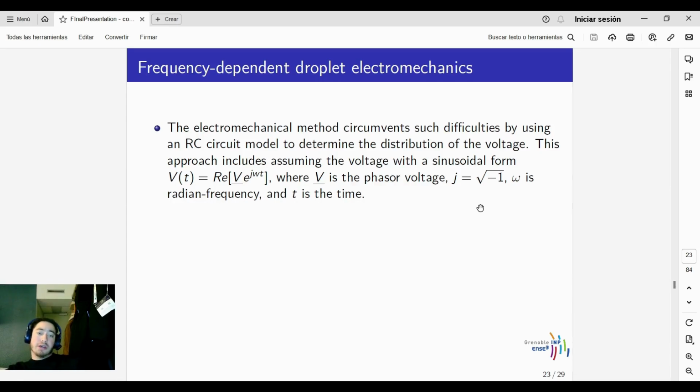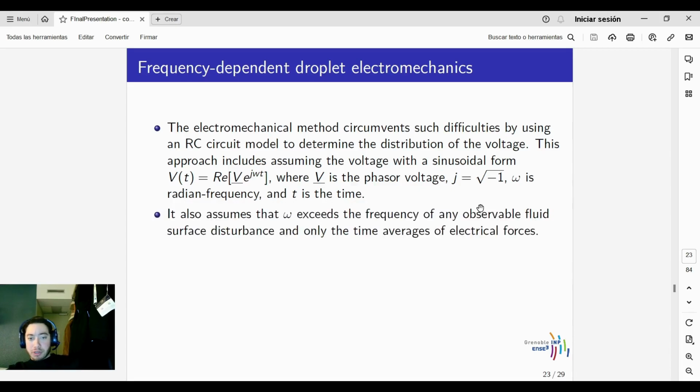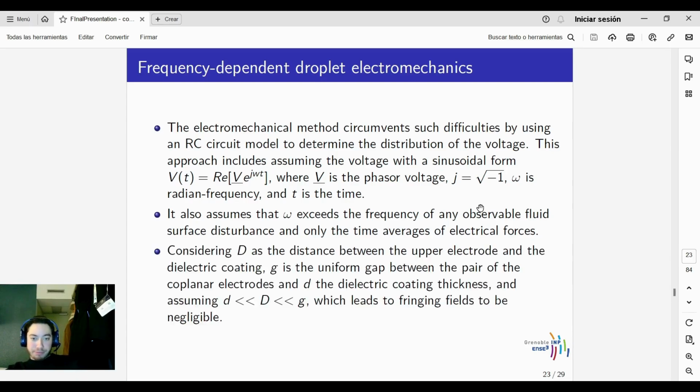Again, this is a complex function depending on time. It also considers the case where w exceeds the frequency of any observable fluid surface disturbance, and only the time average of electrical forces.